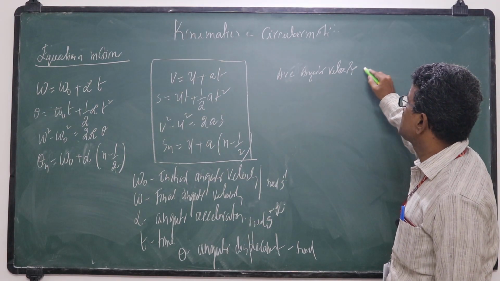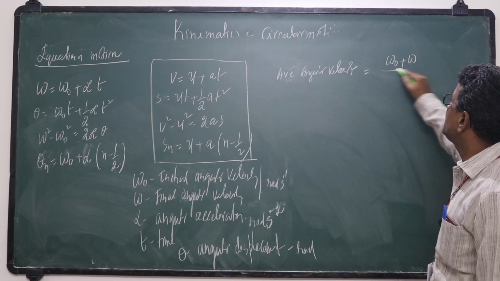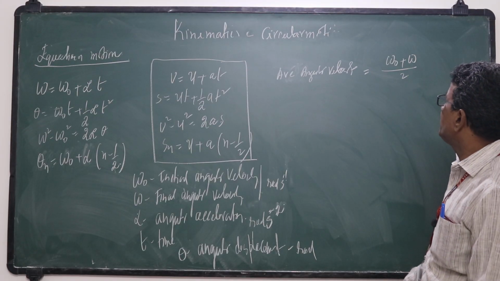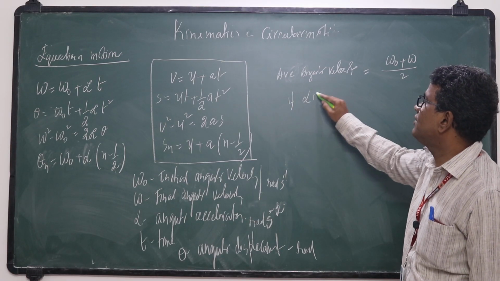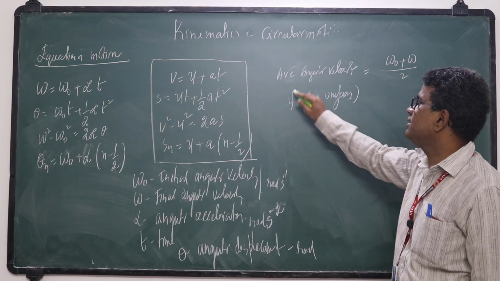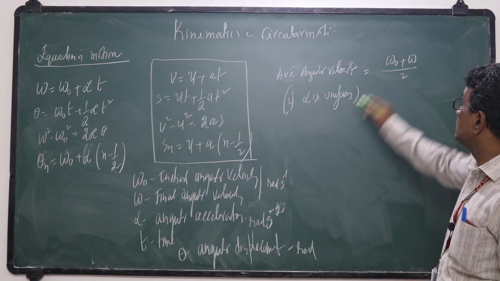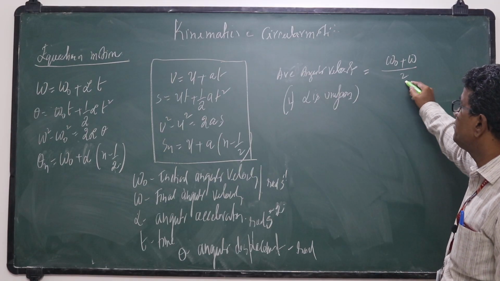Average angular velocity is omega naught plus omega by 2, if alpha is uniform. If angular acceleration is uniform, then average angular velocity omega is equal to initial plus final by 2.